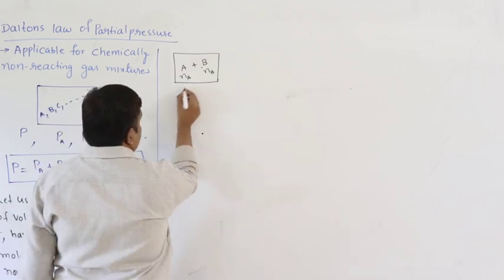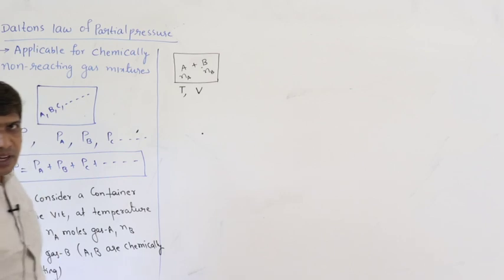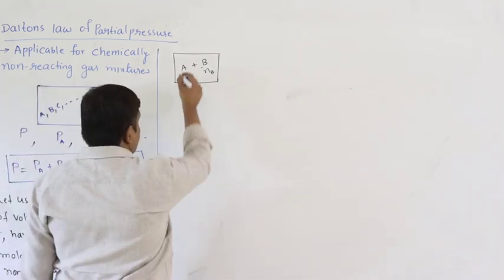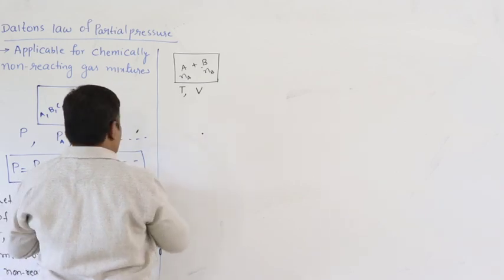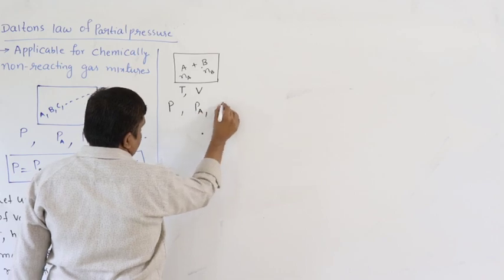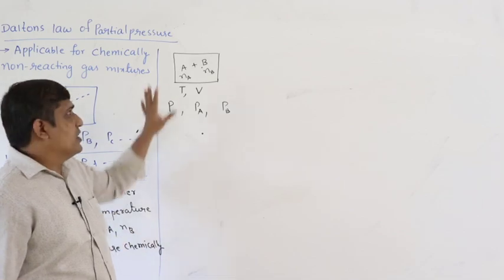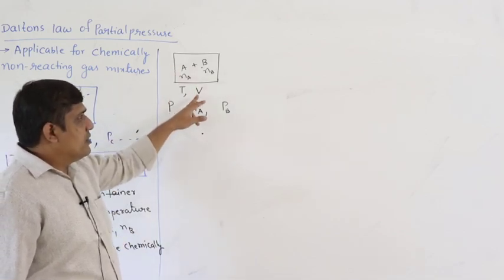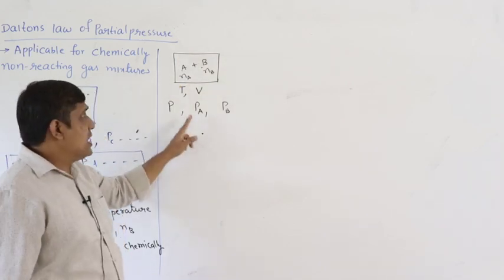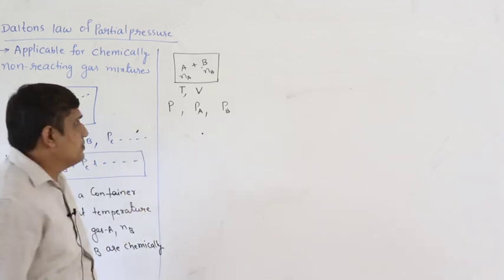The temperature is T, the volume of the container is V, and the total pressure of the system is P. The partial pressure of gas A is Pa, and the partial pressure of gas B is Pb.